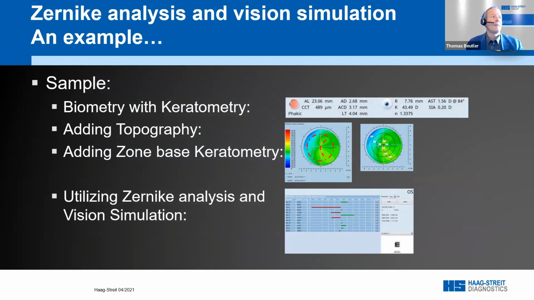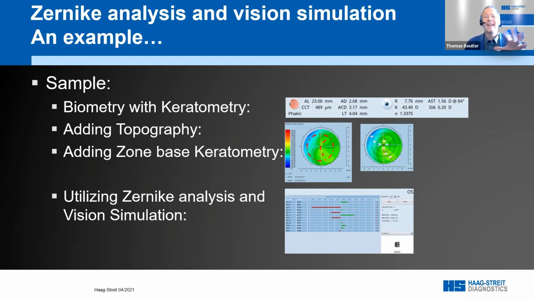So in this example, we see nicely that having all these tools at hand, keratometry, biometry, zone-based simulated keratometry, Zernike analysis and vision simulation, allows us to provide the user with improved information to get the right decision on the implant to get the best visual outcome.